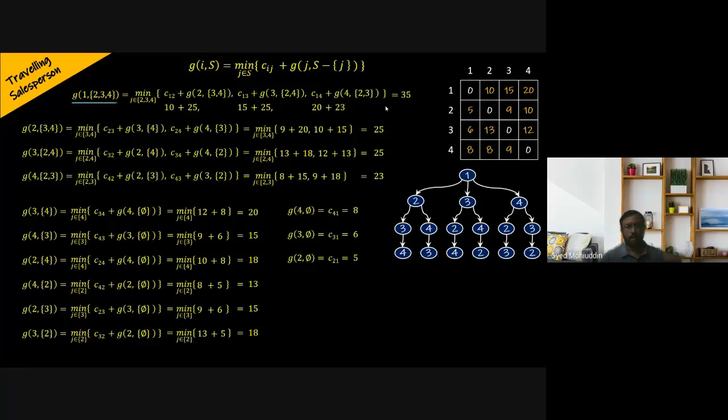Now we start with the initial equation itself. That is moving from 1 to 2 or vertex 3 or vertex 4. Now, which one gave us the minimum value? It is vertex 2. The jth vertex, which is vertex 2, gave us the minimum value.